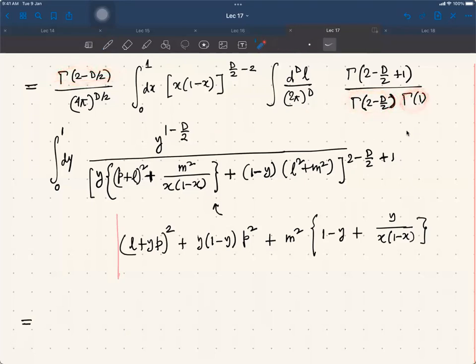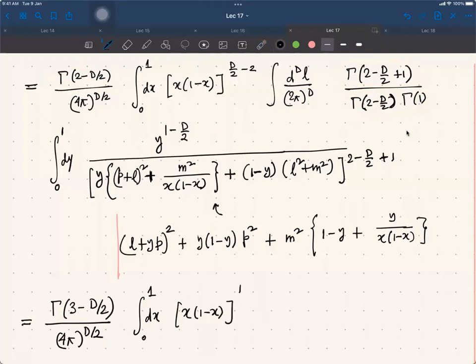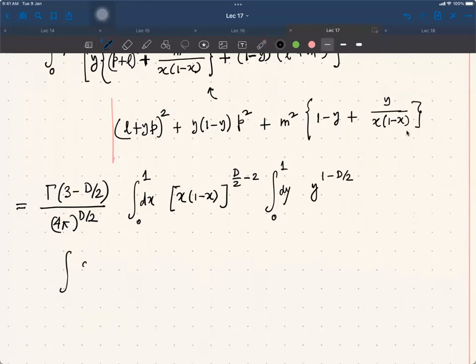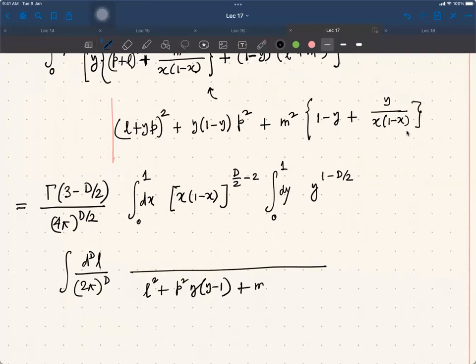We have gamma 1, which is 1, and gamma 3 minus d by 2, divided by 4 pi to the power d by 2, integral dx from 0 to 1, times d^d L over 2 pi to the power d, L square plus p square y times 1 minus y, plus m square times 1 minus y plus y by x times 1 minus x, to the power 3 minus d by 2.